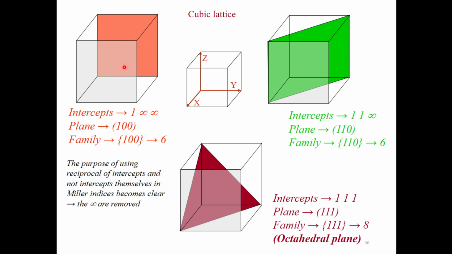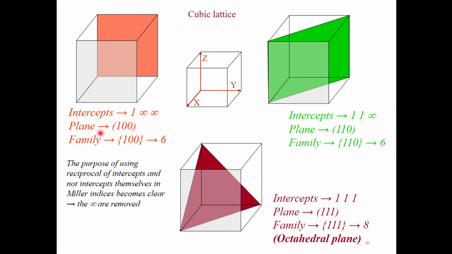As far as the intercepts of this plane are concerned, we have 1, infinity and infinity, and then we have to take reciprocals of these, and they are 1 0 0.